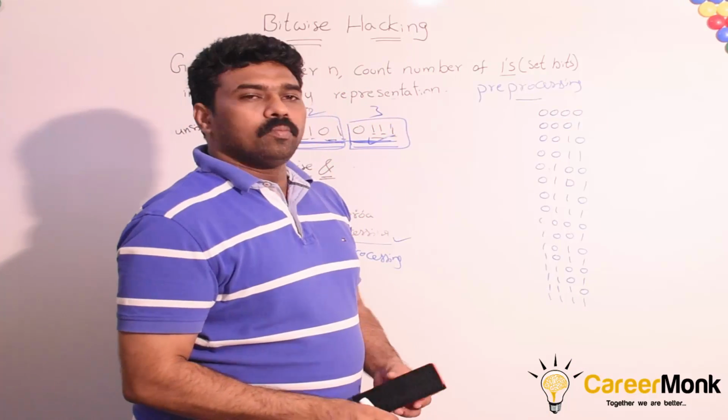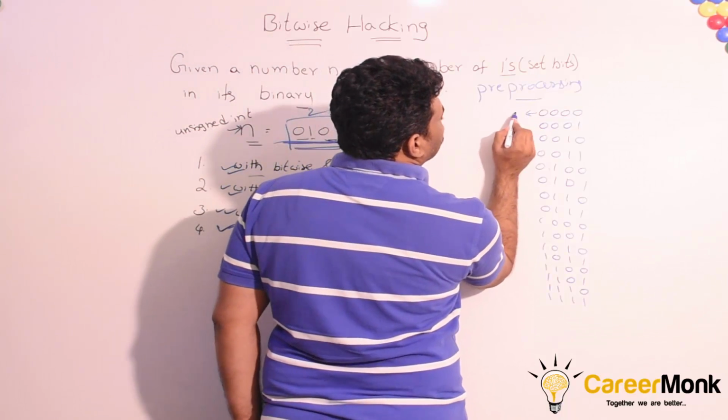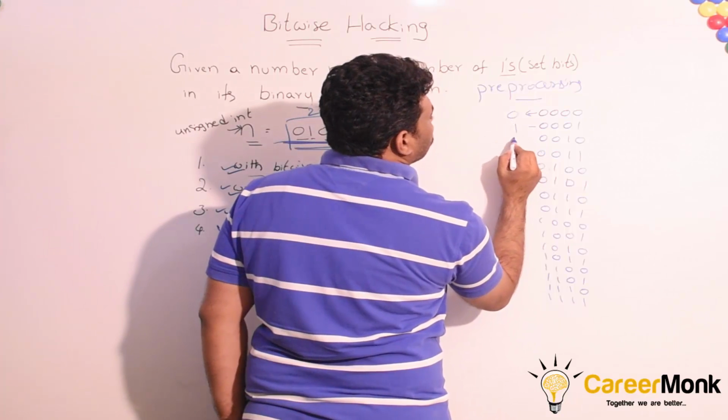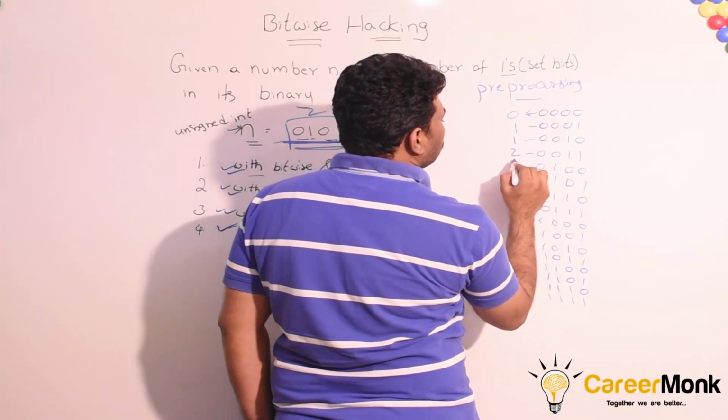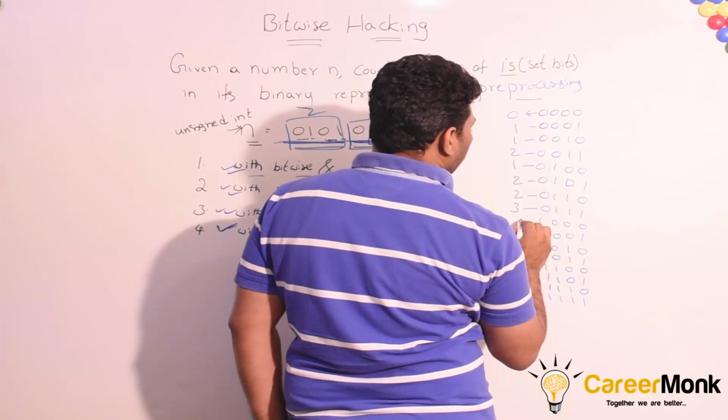Out of these 16 possibilities, let us see how many set bits are in each of them. 0 set bits, 1, 1, 2 set bits, 1 set bit, 2, 2, 3, 1.